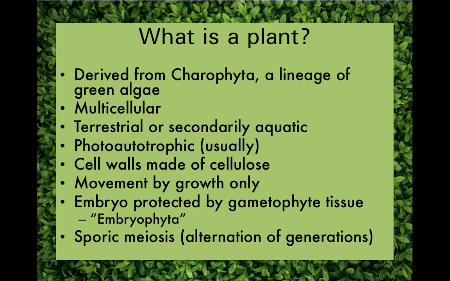These are plants where the embryo is protected. And all plants exhibit sporic meiosis, or alternation of generations. So they have both a diploid individual that is multicellular and a haploid individual that is multicellular.